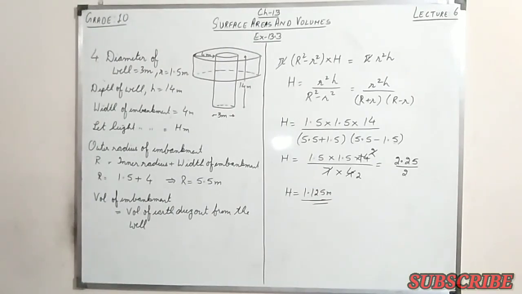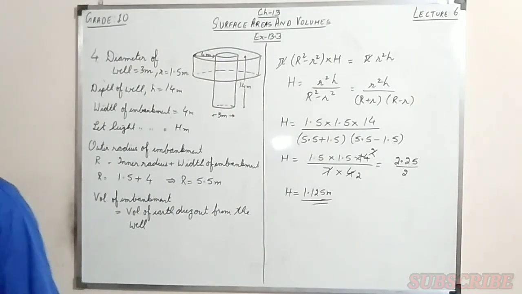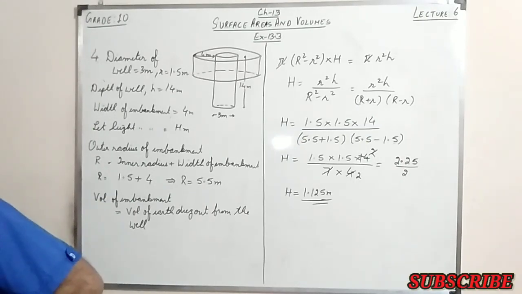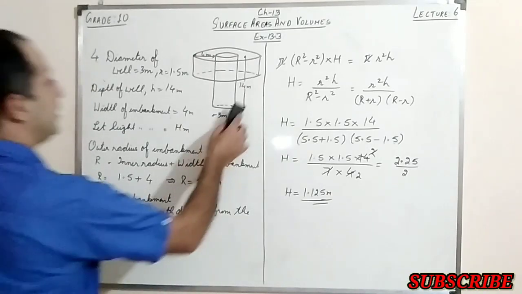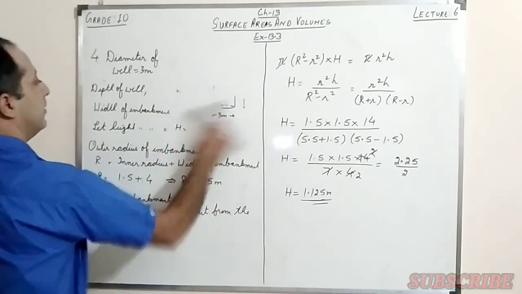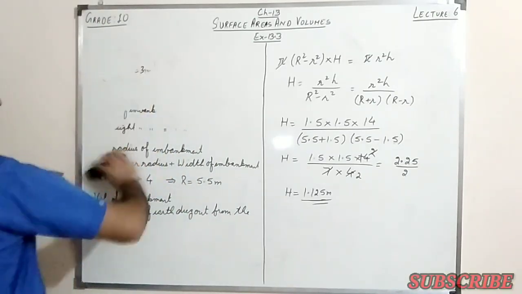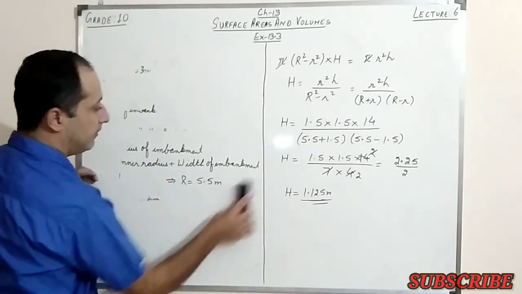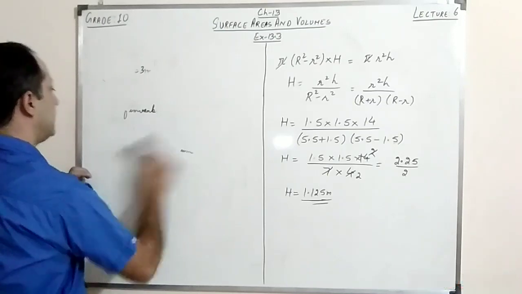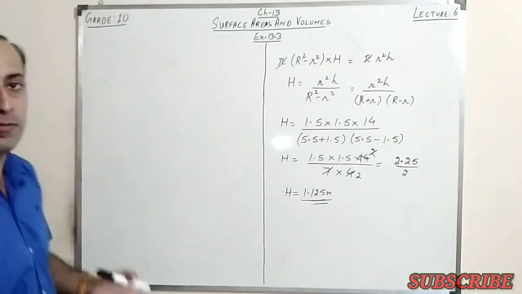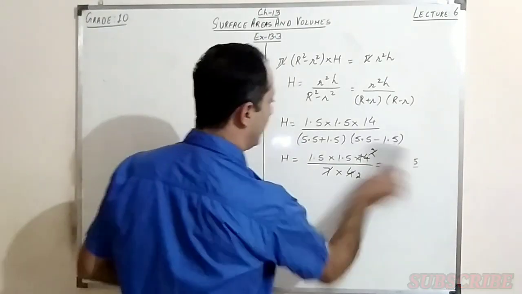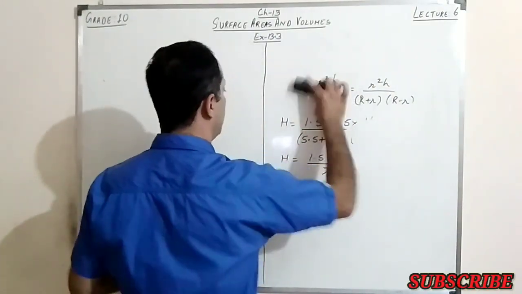Now in question number 5 it is given a container shaped like a right circular cylinder having diameter 12 cm and height 15 cm is full of ice cream. So we have another question which is a sweet question of ice creams. So what is given? That we have a big cylinder which is full of ice cream. Well, we don't know the flavor of that ice cream, but we know that there is some ice cream inside.